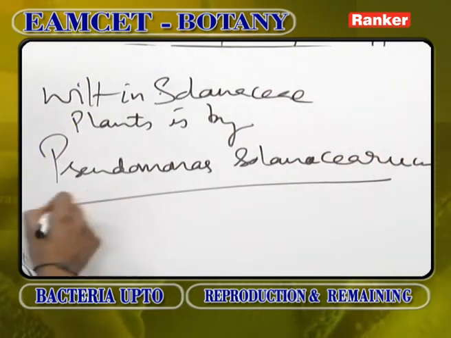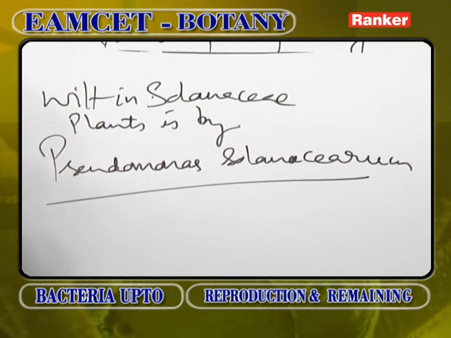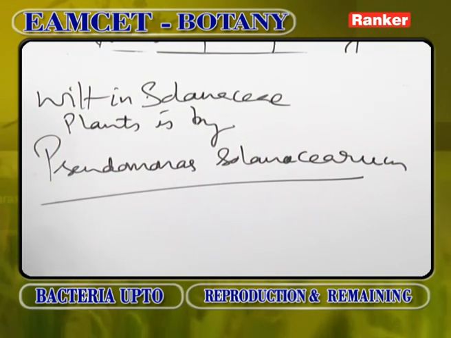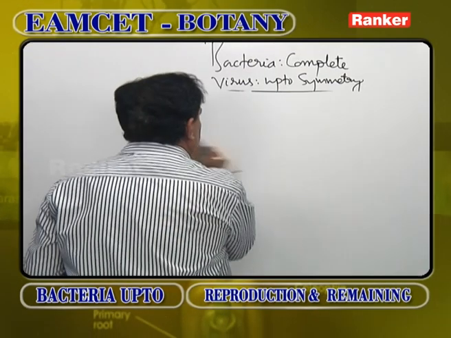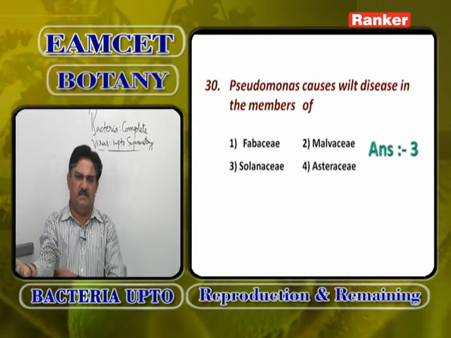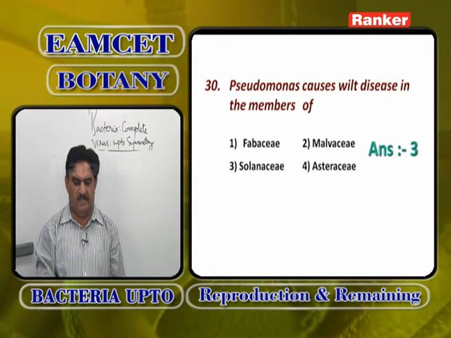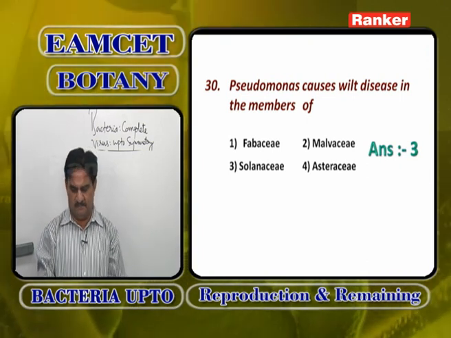So, Pseudomonas causes wilt disease in the members of Solanaceae, not Fabaceae, not Malvaceae, not Asteraceae.